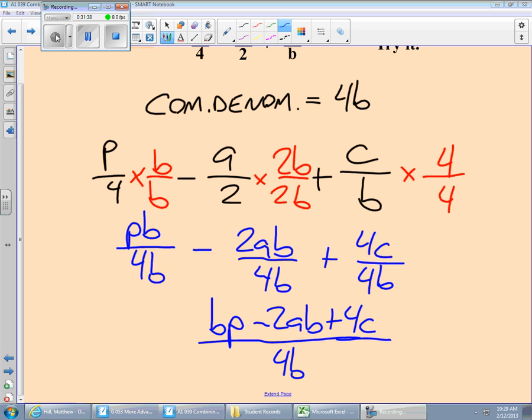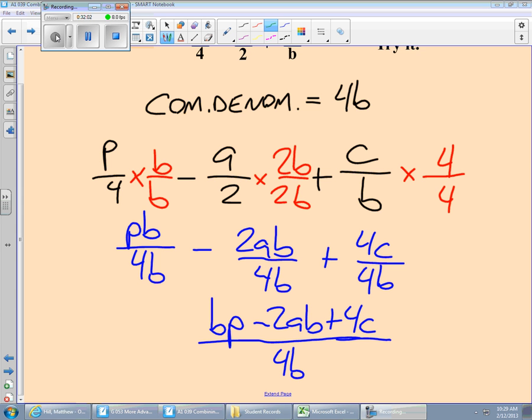Last thing we want to do is check and make sure that these terms don't have anything in common that they can all give up. We've got a coefficient of 1 on our lead term, so if you've got any coefficient that's a 1, you're not going to be able to reduce the coefficients at all. I've got some b's. Let's look around and see if all the terms have a b to give up. The trailing term in the numerator doesn't have a b.